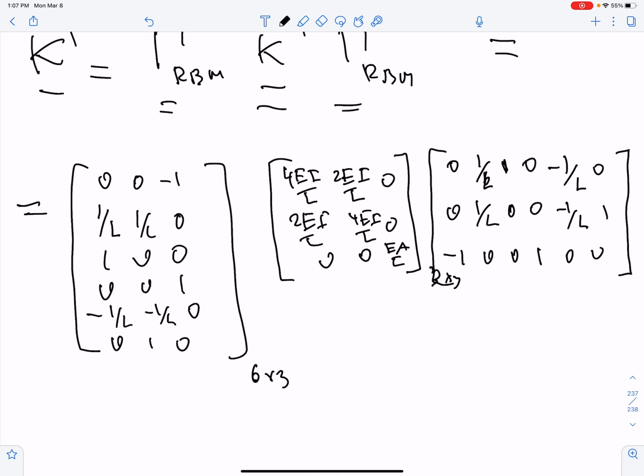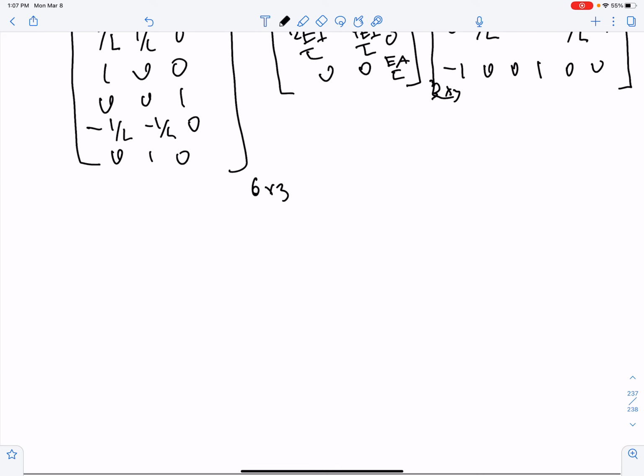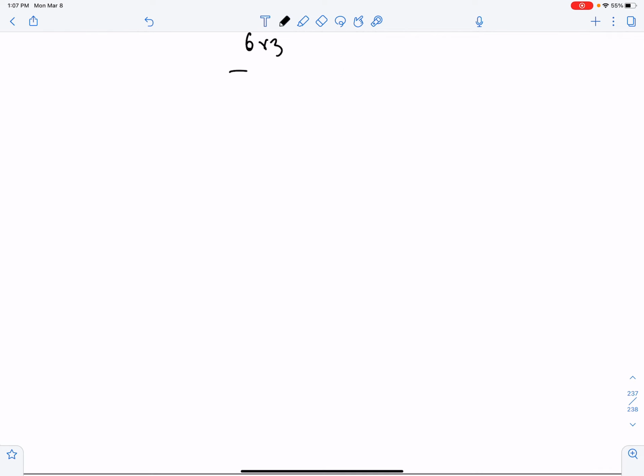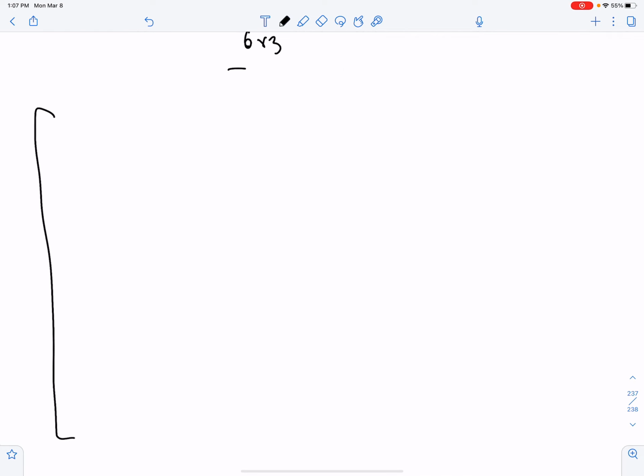Okay, so you can go ahead and carry out that multiplication. This is 3 by 6, so the end result's going to be 6 by 6. And you get a large sort of 6 by 6 matrix, that's given as follows.